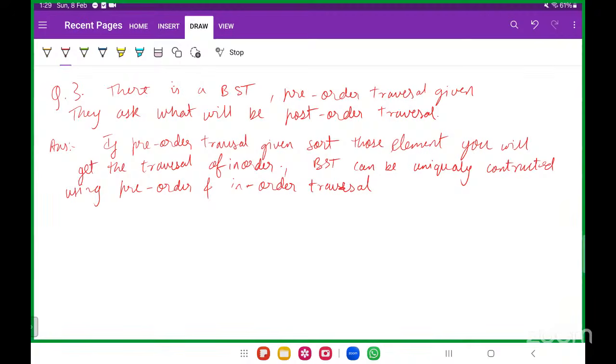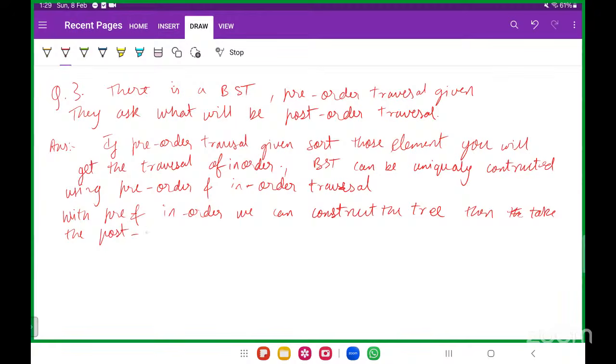With pre-order and in-order traversal, we can construct the tree and then take the post-order traversal, and you will find the position of 60.